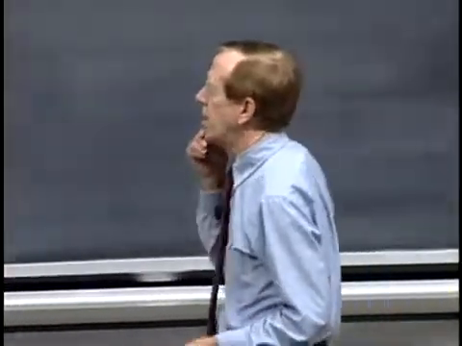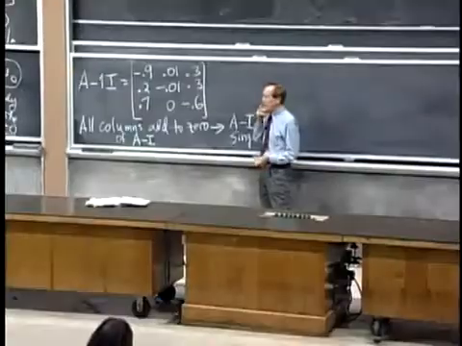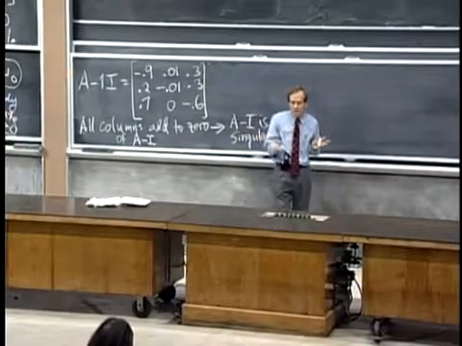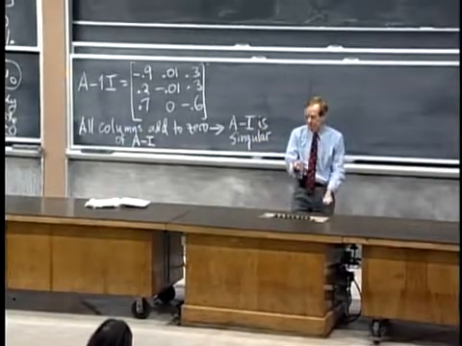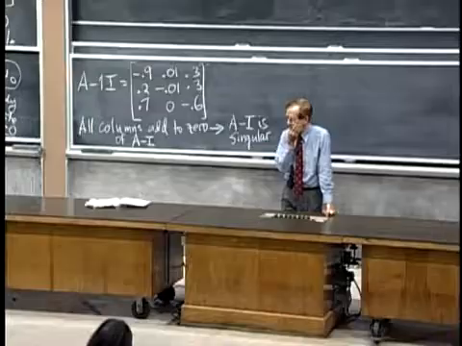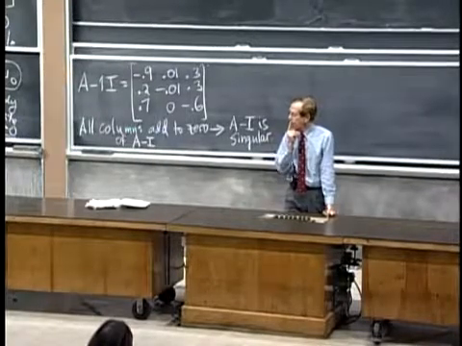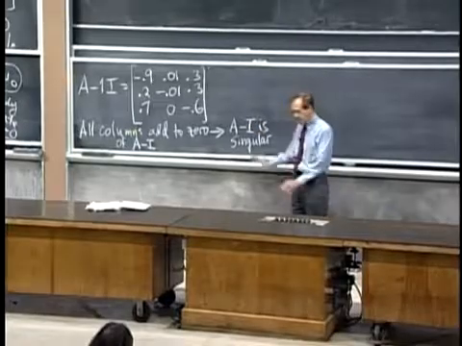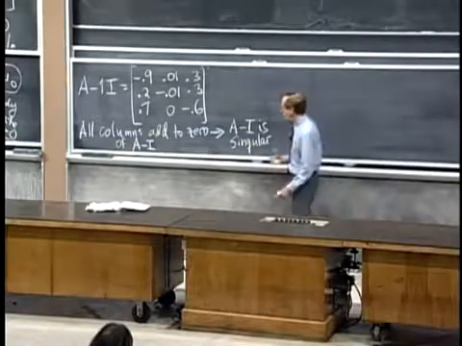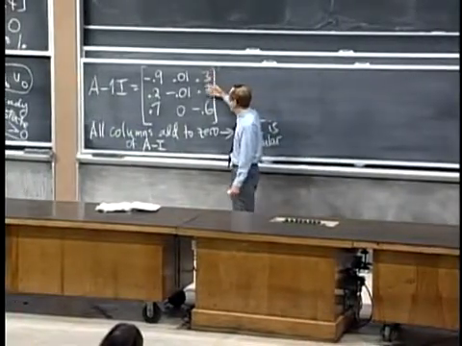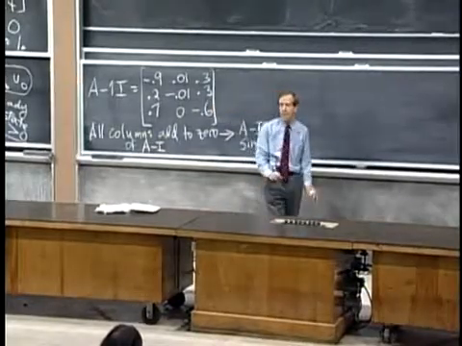Another thing I would like to be able to show is that the rows are dependent. Maybe that's easier. If I know that all the columns add to 0, that's my information, how do I see that those 3 rows are linearly dependent?